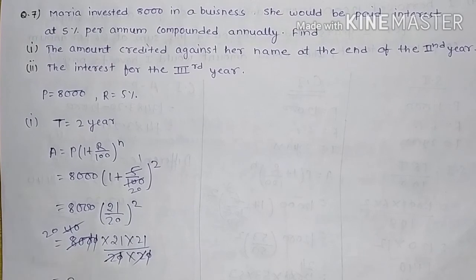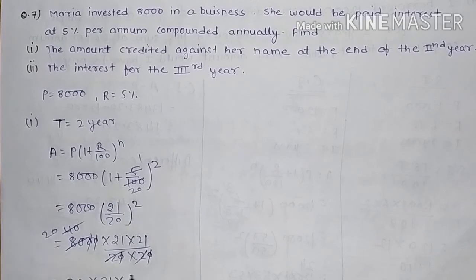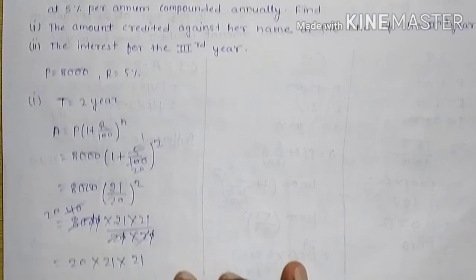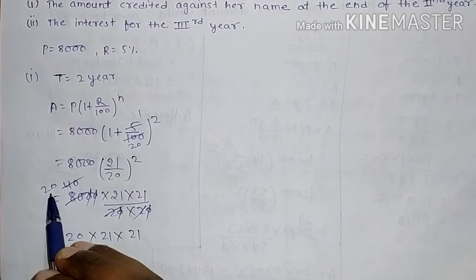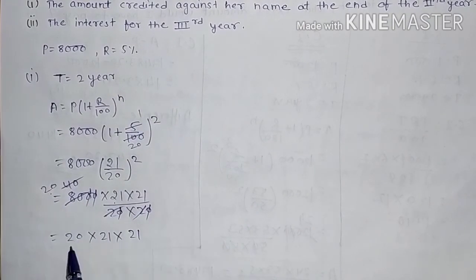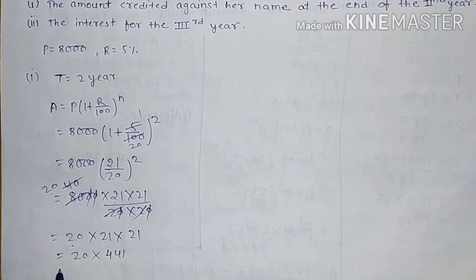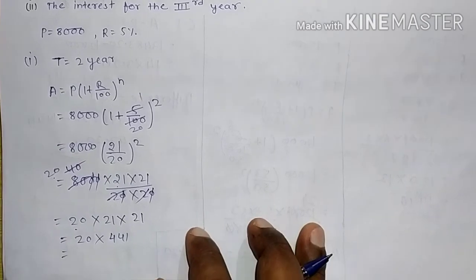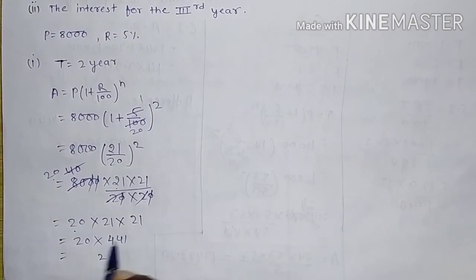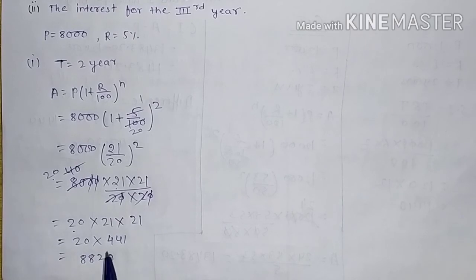So let's multiply 20 into 21 into 21, that is 20 into 441. Now simplify: 2 ones are 2, 2 fours are 8, 2 fours are 8, and 0 will be there. So the amount for 2 years is 8,820 rupees.